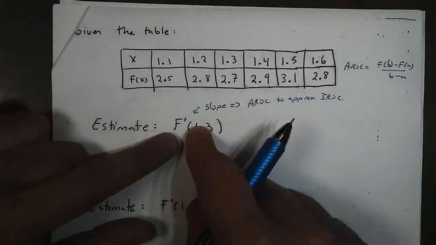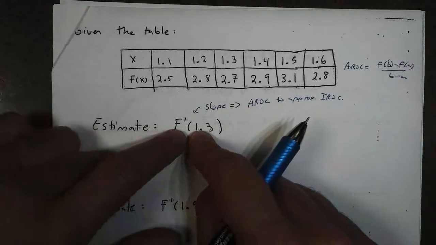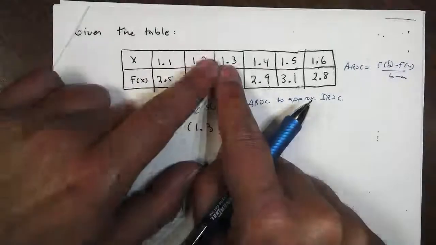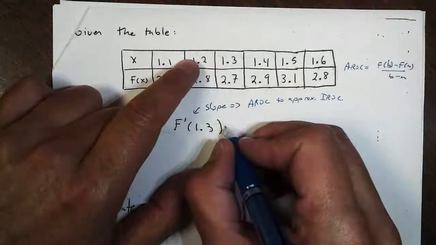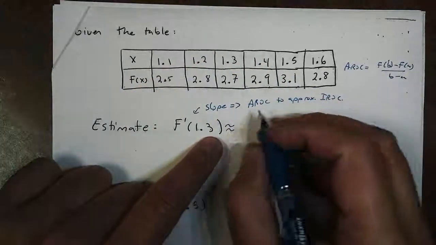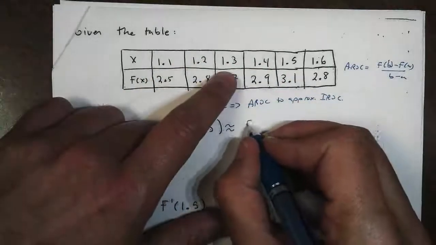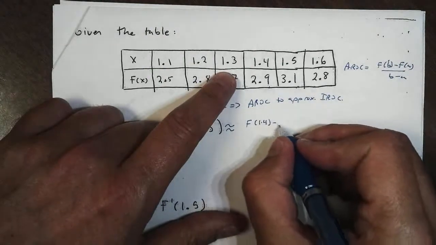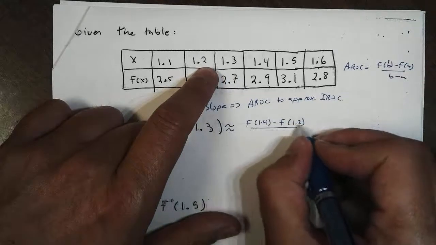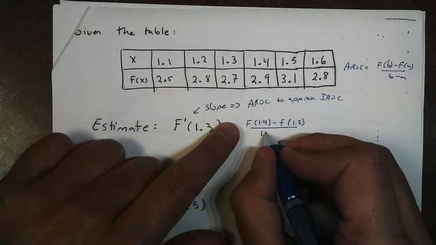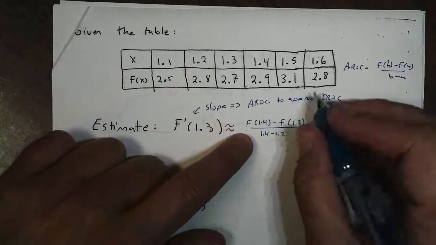So if I want to estimate the slope at 1.3, I'm going to use the points around it. So here's 1.3. To estimate this, I'm going to look at the slope of 1.4 minus the value at 1.2 divided by b minus a, so 1.4 minus 1.2.